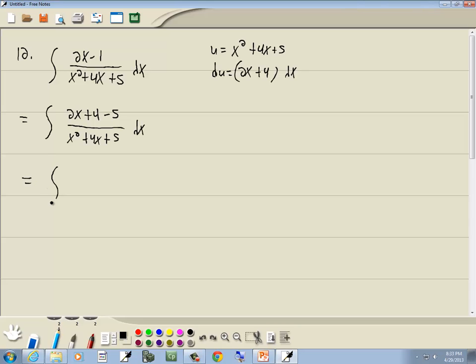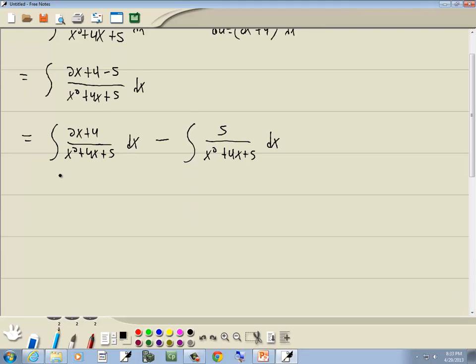So I must put this into separate integrals. So I got the integral of 2x plus 4 over x squared plus 4x plus 5 dx minus the integral of 5 over x squared plus 4x plus 5 dx. First one is pretty straightforward.